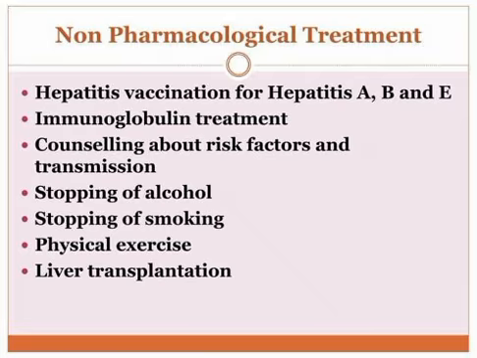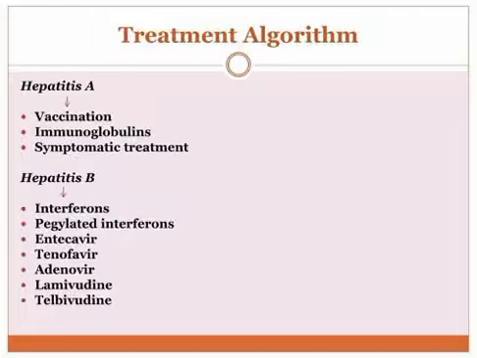We have to engage our body in some physical exercises. If there is any further liver failure or later stage of cirrhosis, we have to do liver transplantation. So these are the non-pharmacological treatments which mainly are involved in hepatitis treatment.